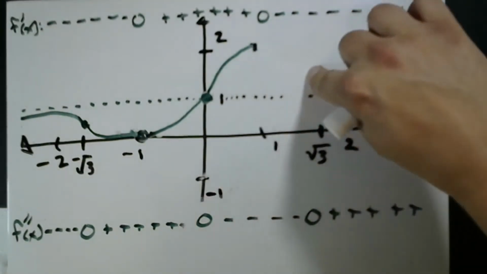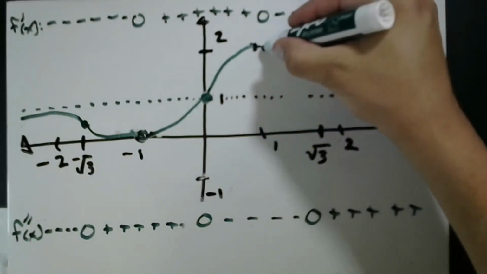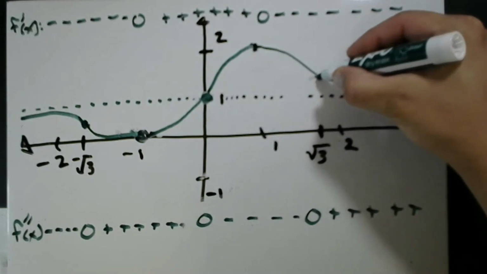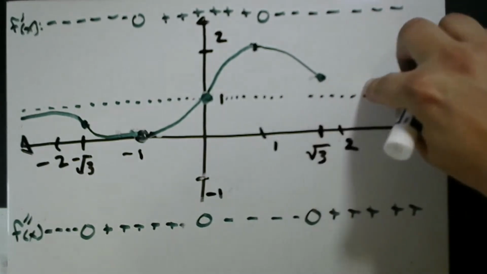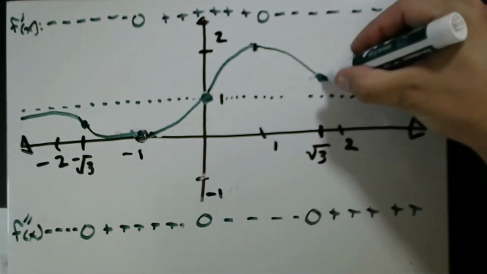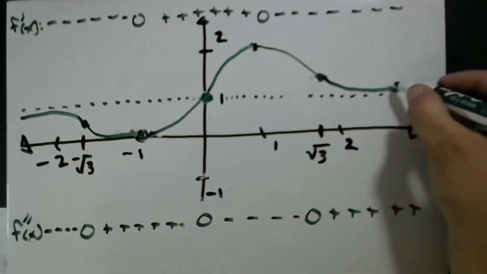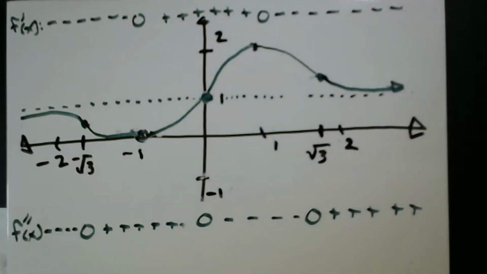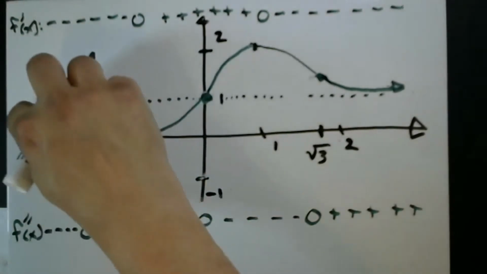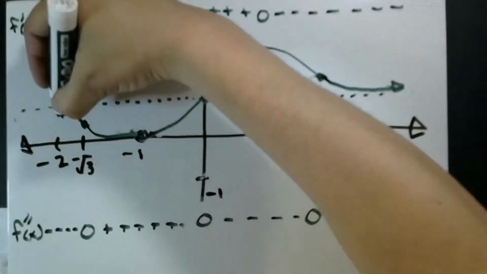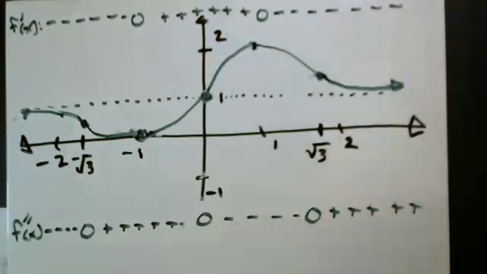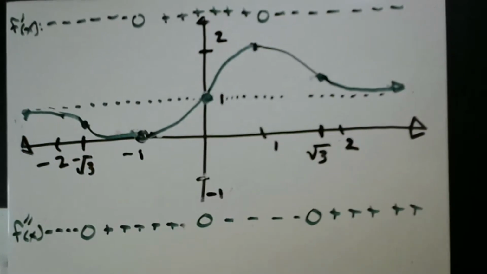So it's going to be concave down again. And then here, the second derivative is positive. It's going to be concave up again. It's going to get ever so closer to that asymptote.